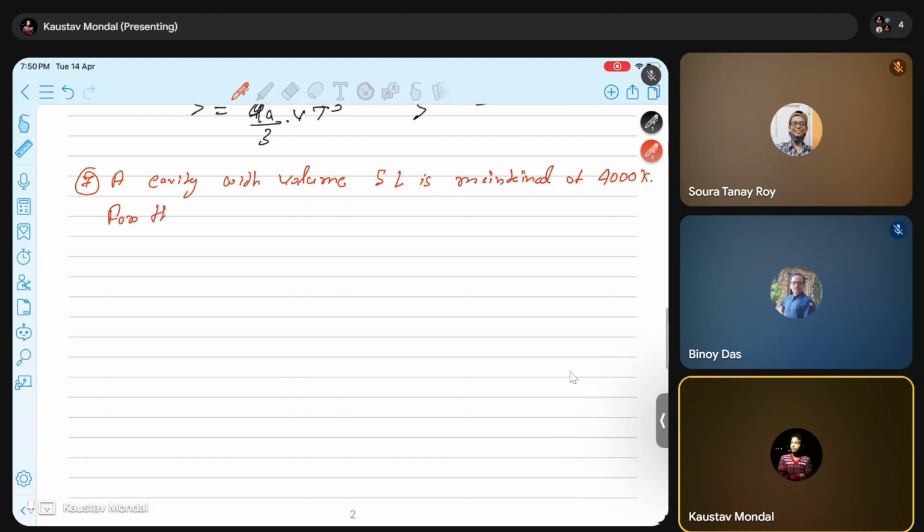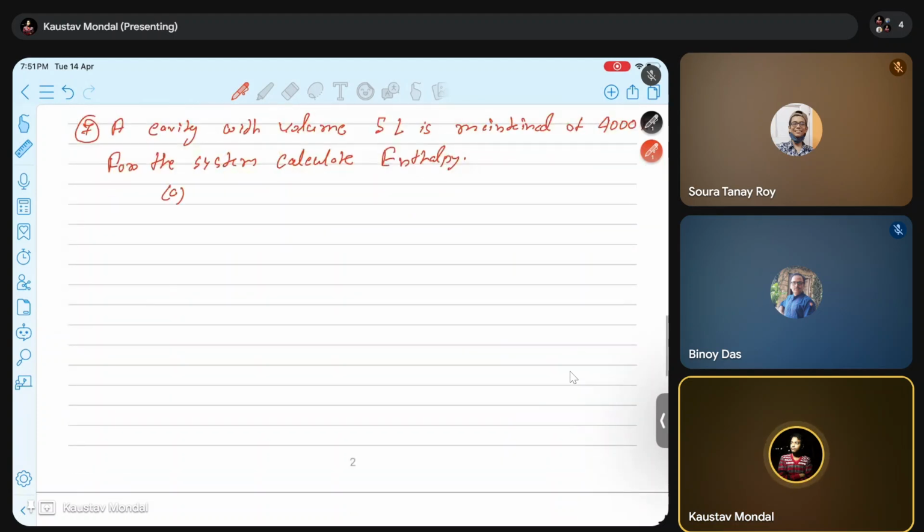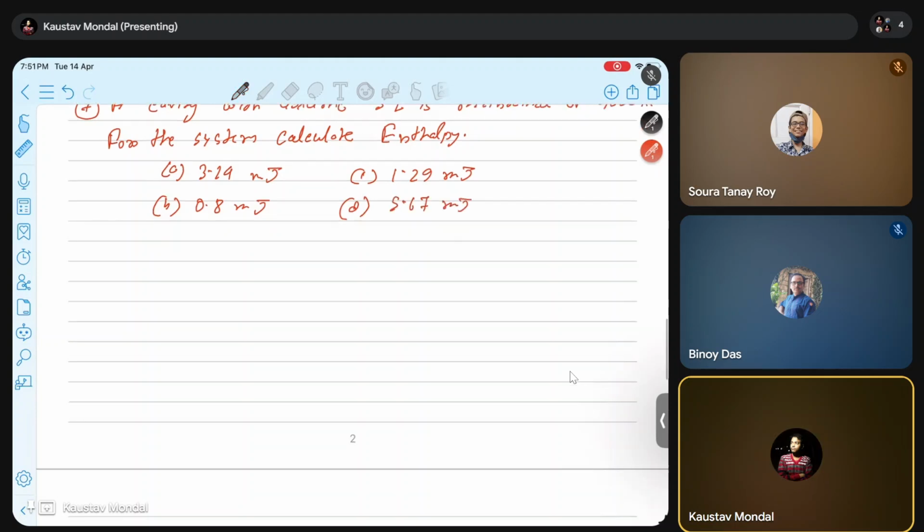For the system, calculate enthalpy. So option A is 3.24 millijoule, option B is 0.8 millijoule, option C is 1.29 millijoule, and option D is 5.67 millijoule.